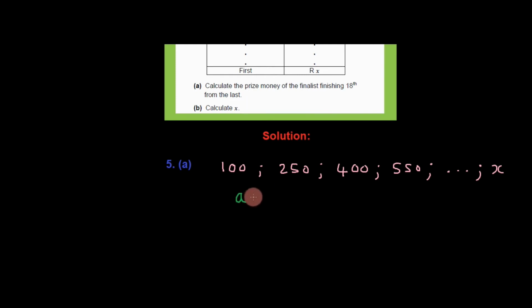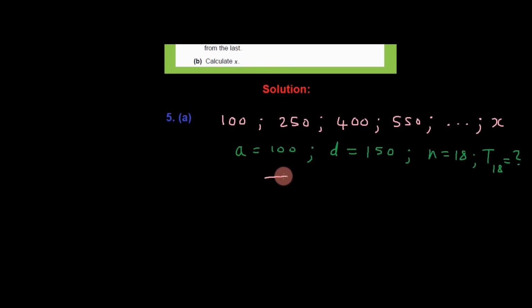So we've got the first term a, which is 100. The common difference d is term 2 less term 1, so 150. We must find the prize money of the finalist finishing 18th from last. So n is 18. And we need to find t sub 18. So we can use the formula t sub n equals a plus n minus 1 times d. And we need t sub 18.